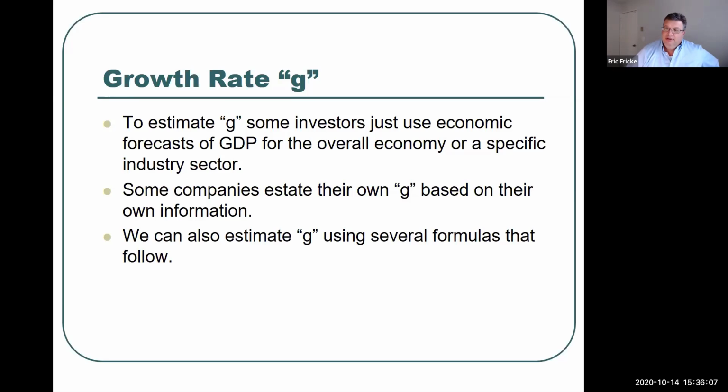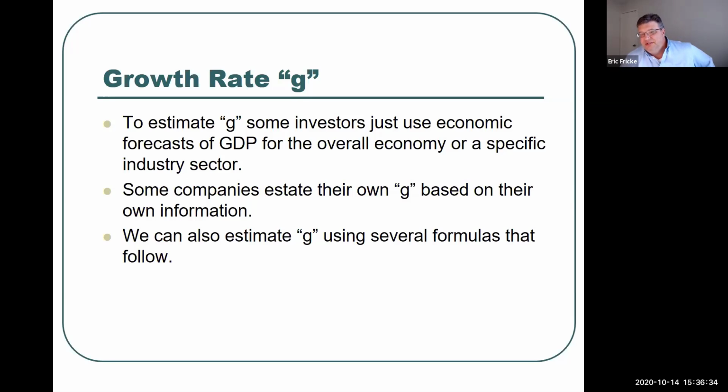Now, for a company that's relatively stable, we have some formulas that we're going to cover now that help you estimate G. It's pretty basic, but there are two or three equations we'll have to remember, and it provides a nice fallback if you're not going to use overall GDP growth.